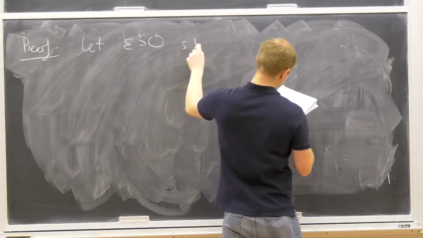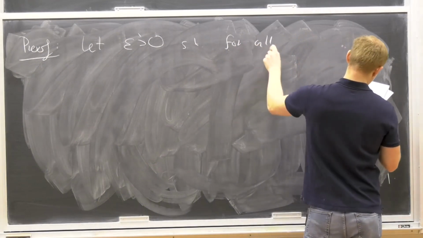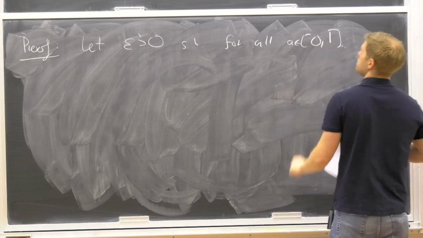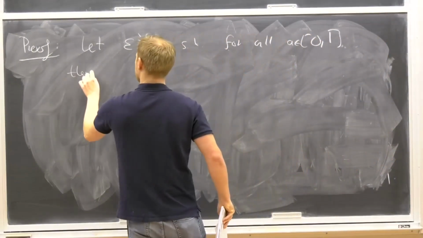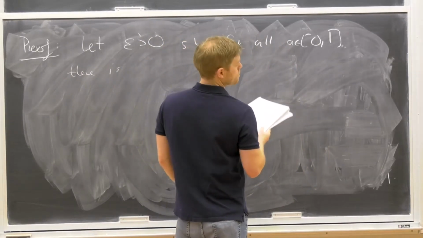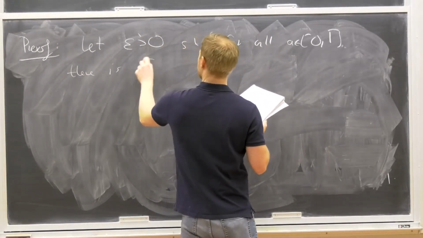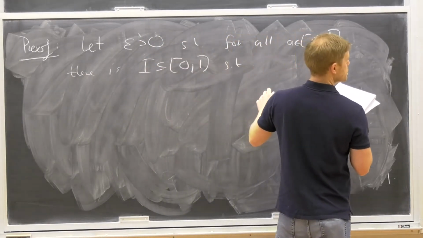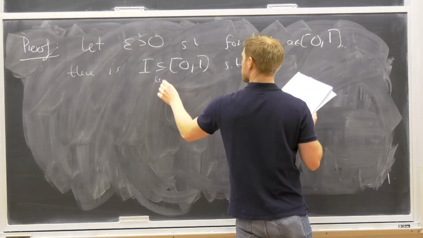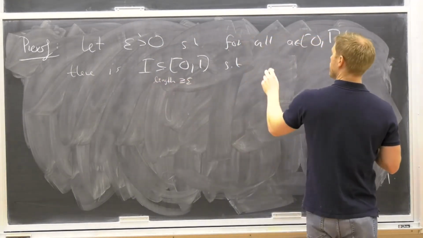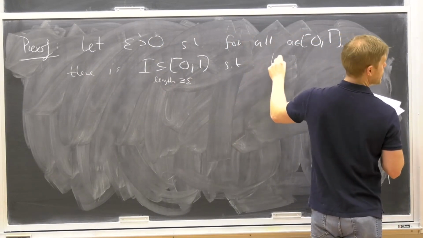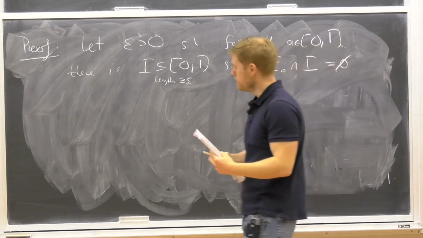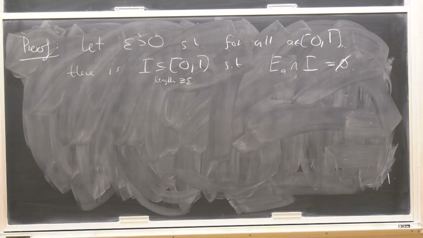So for all A in [0,1]^n, there is an interval, such that length, such that EA intersected with I is empty. Okay, so the idea really now is that we apply the Pigeonhole principle.